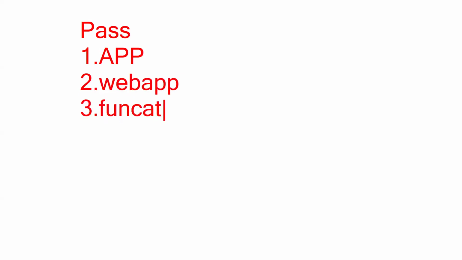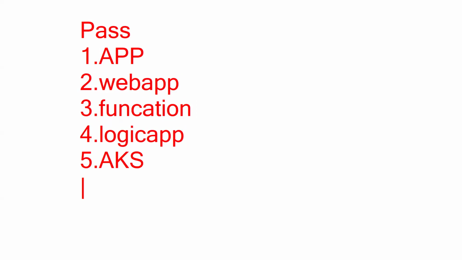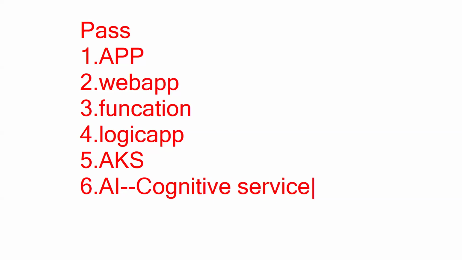Third is function app, fourth is logic app, and AKS, Azure Kubernetes Service. Sixth we can call artificial intelligence, formerly called cognitive services, now called Azure AI services.